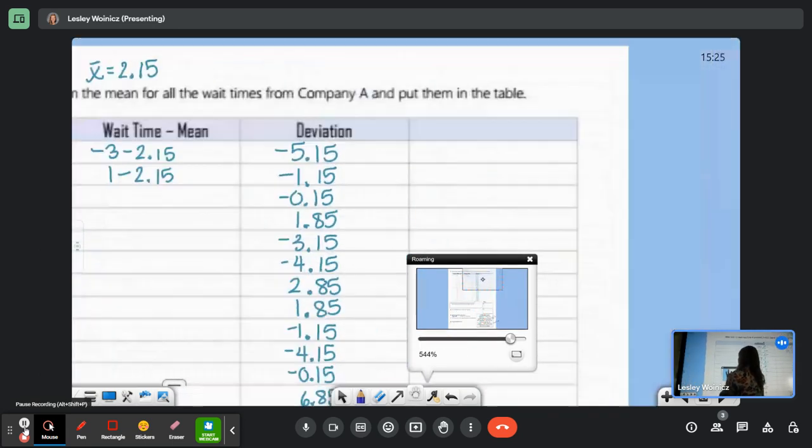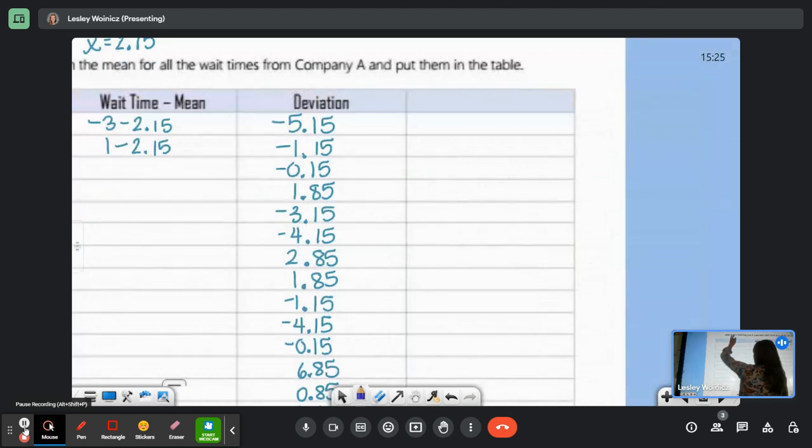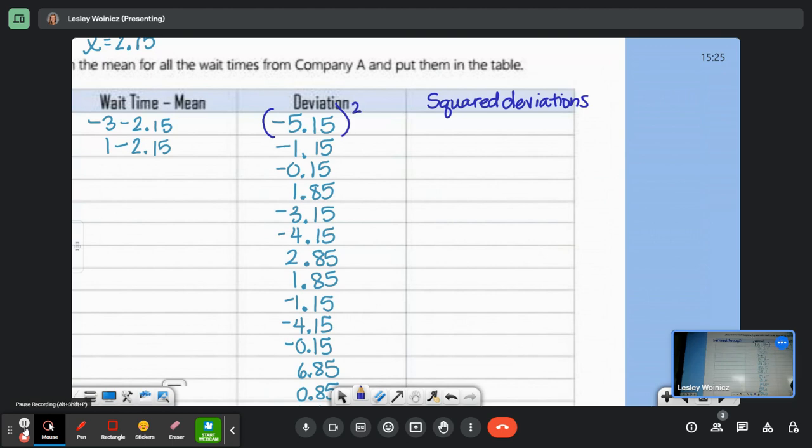Okay, so that's what goes in this final column. I didn't want to give away that it was squaring, so I didn't put anything in here. We're writing squared deviations in here. Okay, so whatever this deviation is, you're going to square it.